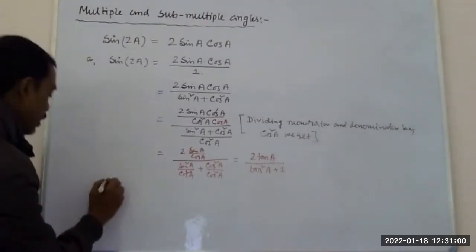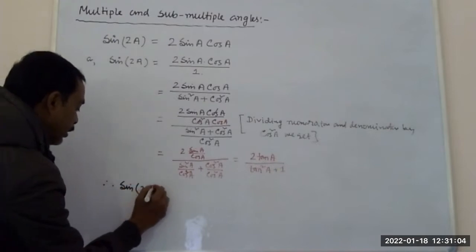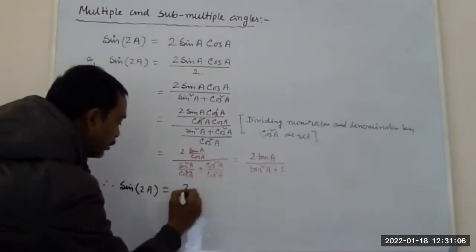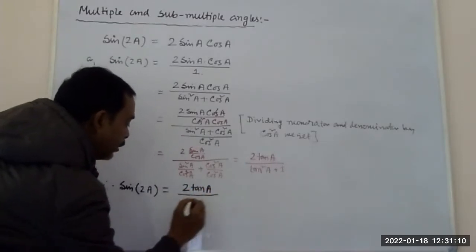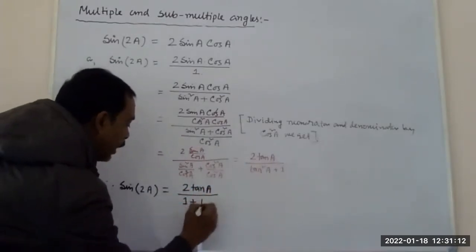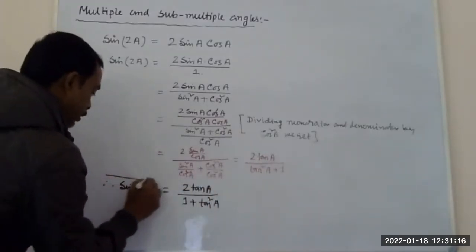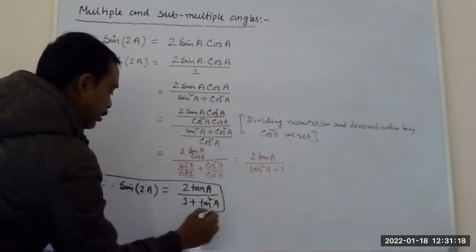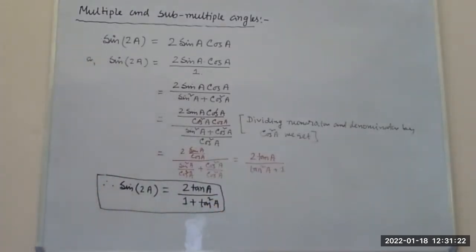So the formula of sin 2A can be written as 2 tan A by 1 plus tan square A. So there are two formulas of sin 2A.